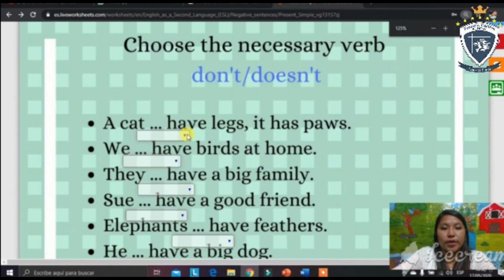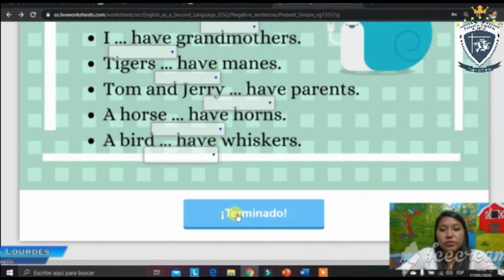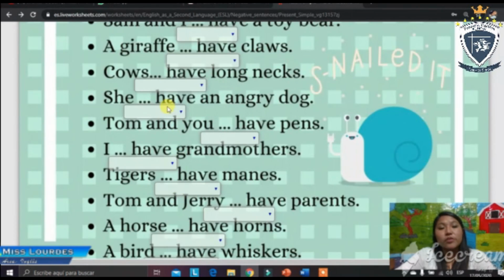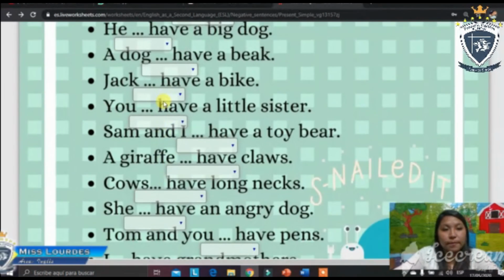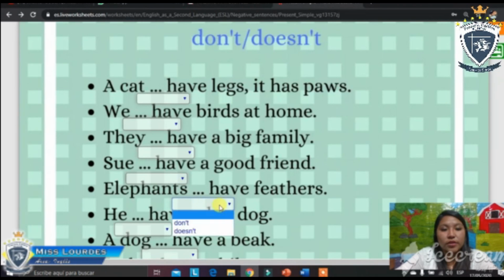A cat has legs. It has paws. Okay. A cat don't or doesn't. Okay, you are going to choose. Igual acá. We don't or doesn't. They don't or doesn't. You are going to choose. Okay. And you finish and you send me your homework. Terminas y me envías tu tarea. That's all.